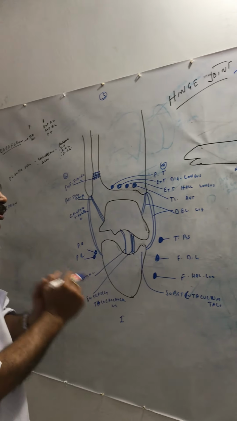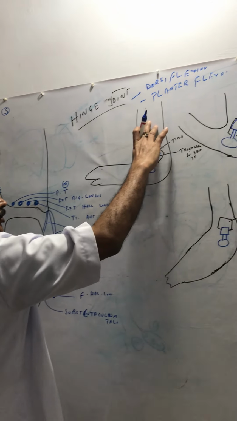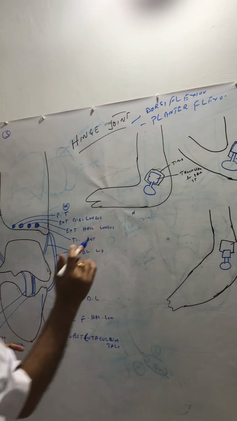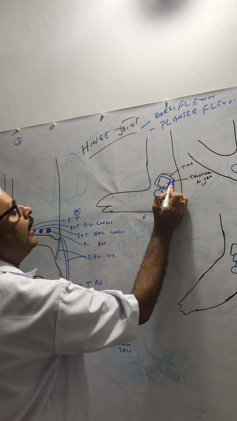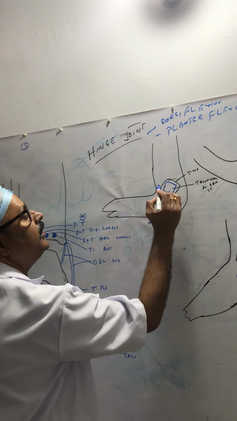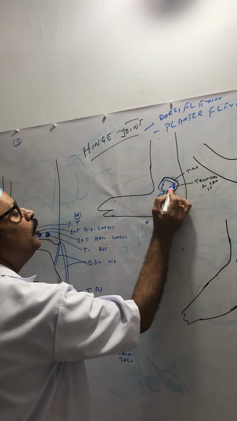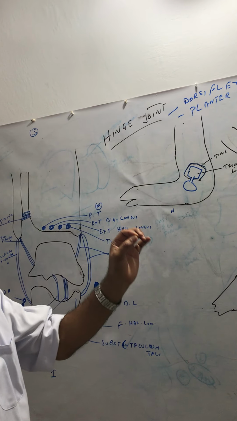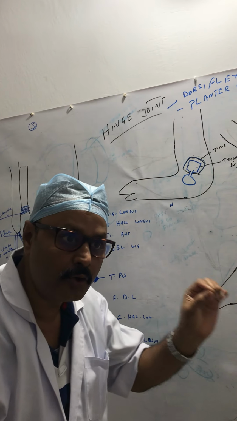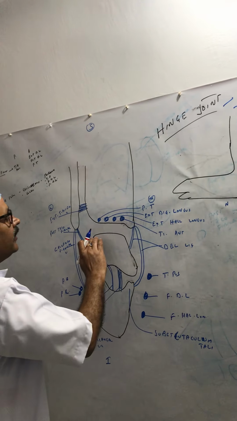So both are flexion, meaning the two anatomical surfaces come close to each other. Now this is the normal anatomy of an ankle joint. This black line shows the lower end of the tibia, and this blue line is showing the trochlear surface of the talus. What is the trochlear surface of the talus?